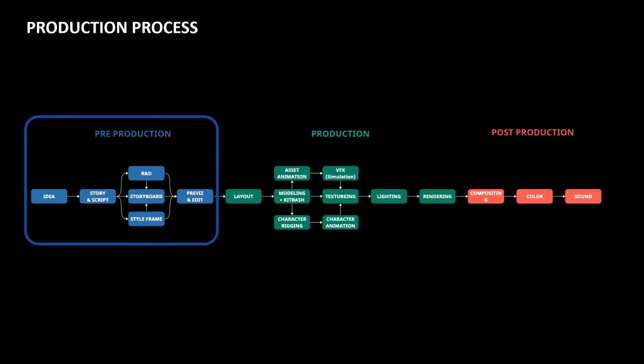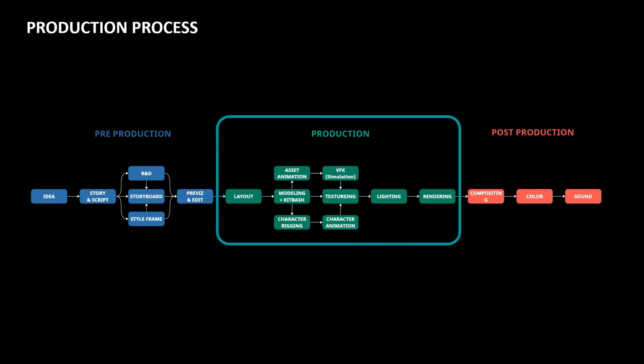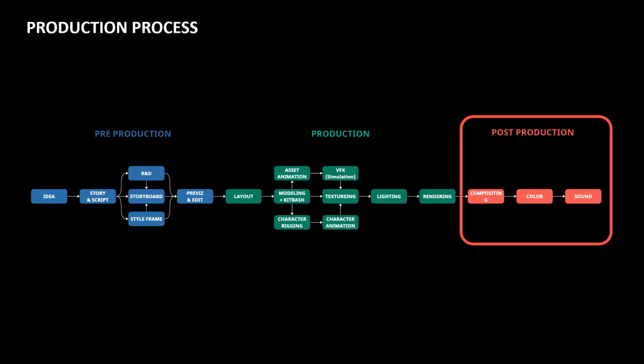Pre-production, which is the preparation stage where you bring the idea, story, and also make the previs, and production is what you do like 3D, like animation, texture, lighting, and rendering. And after we get the render, to bump up the quality, we do compositing, color, and sound.